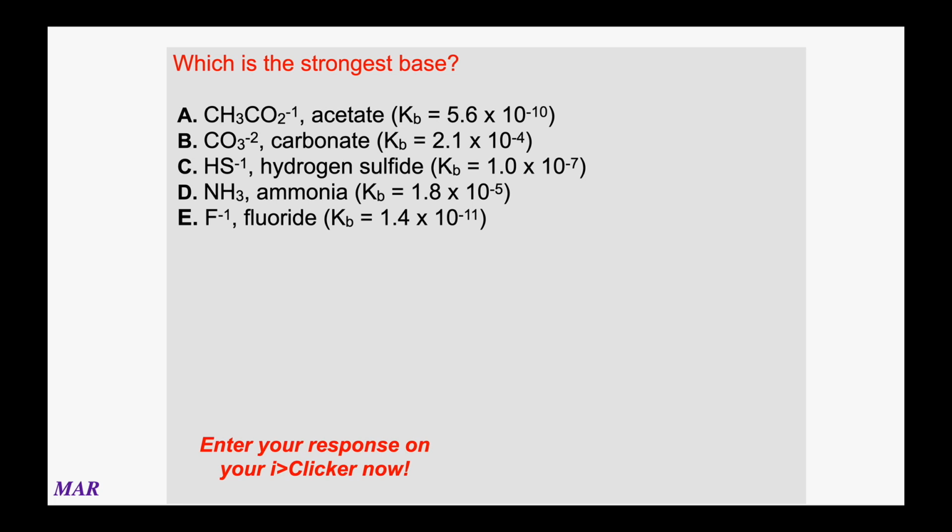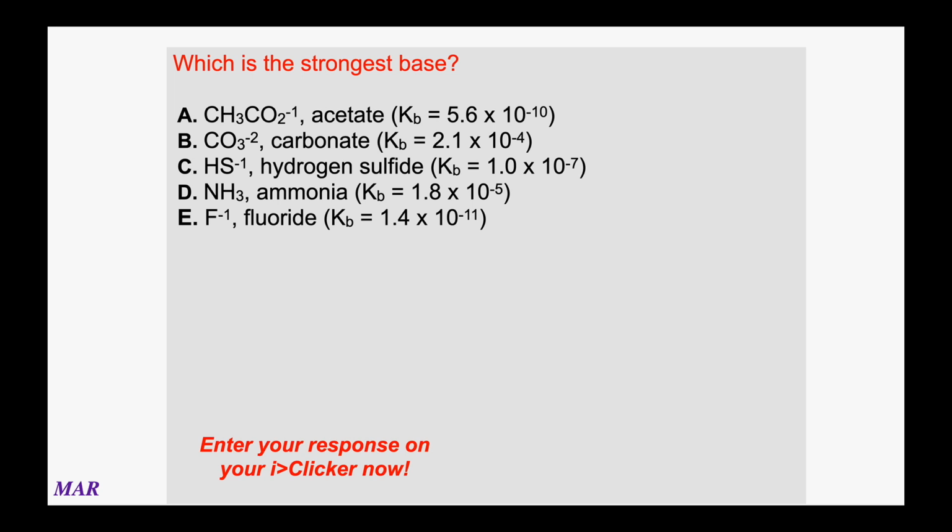So in this case, strongest base means most hydroxide, and hydroxide is a product. So to answer this question, we want the largest Kb value, because the largest Kb will have the most product. Most product means most hydroxide, and most hydroxide means strongest base.